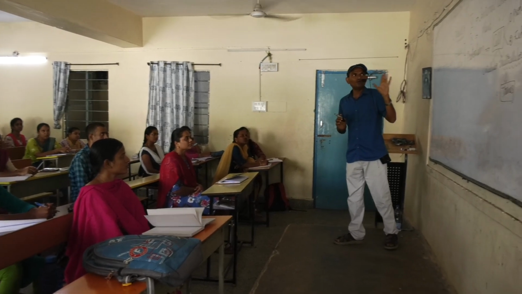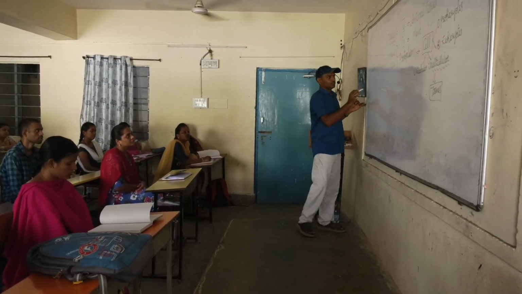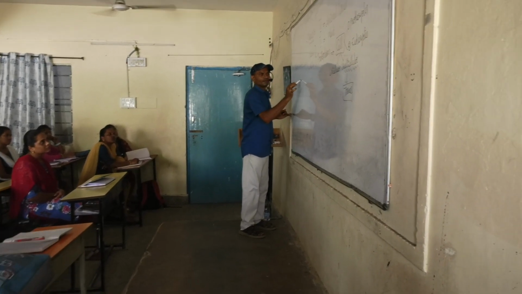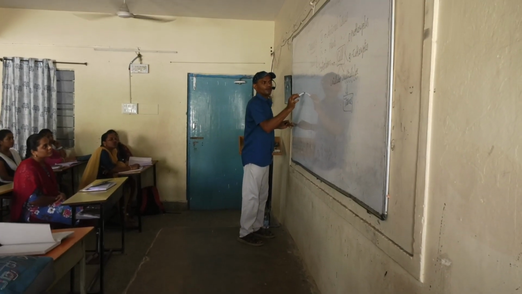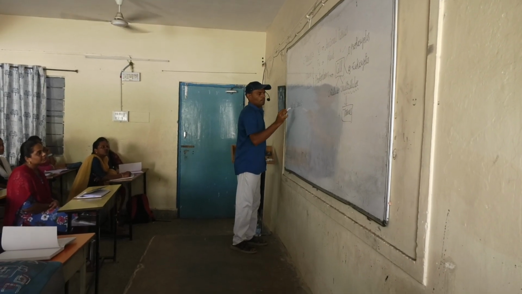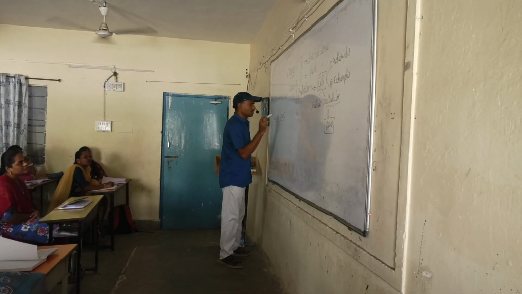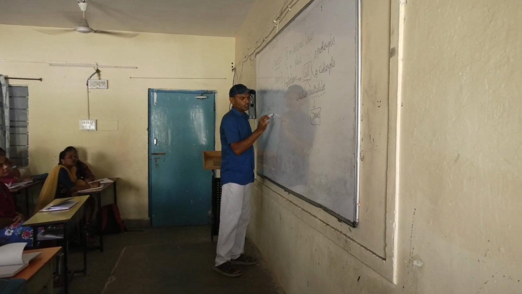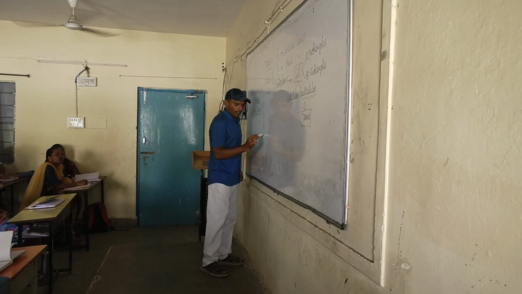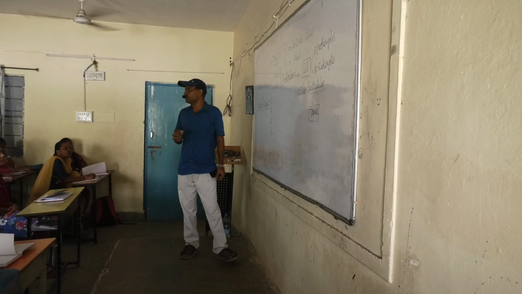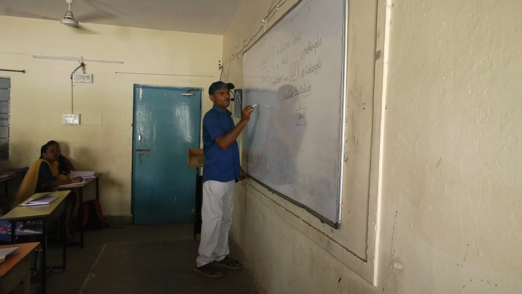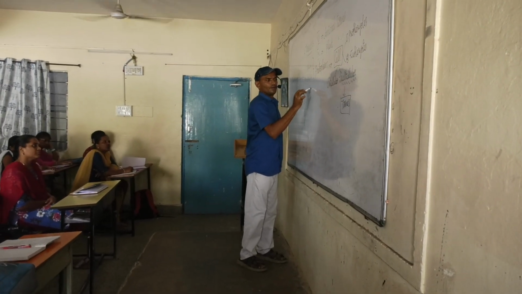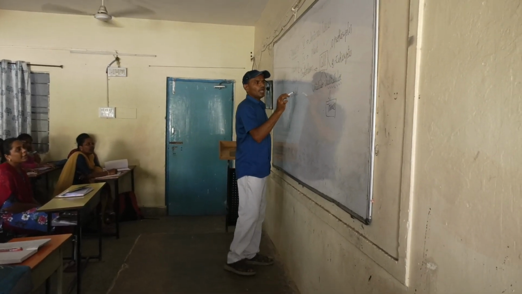Okay? So now if you come to the animal tissues, there are so many types of animal tissues. But among them, we require 4 important types. So all the animal tissues are divided into 4 types. Number 1, epithelial tissue. What is the first tissue?